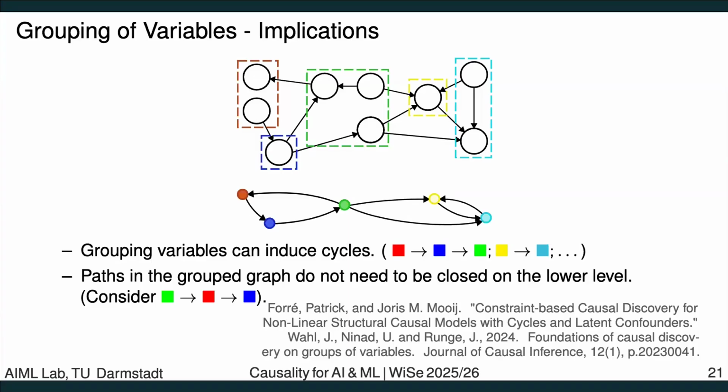Why would you do this? So the thing is, these groups might not be defined when you already know the causal graph, right? So you might have something where you know, okay, I have a group of genes that affects another group of genes or whatever, like some expert might tell you.